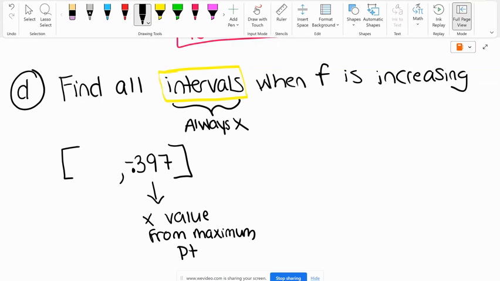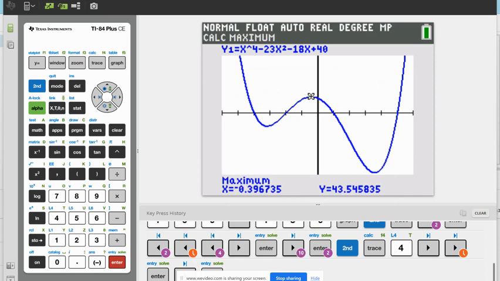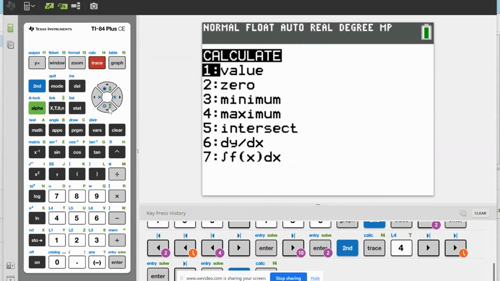Can I go back to the graph? So what did I find? I found this x value, but don't I still need to find this x value because this is the interval it's increasing at? So how do I find that x value? I'm going to go back to second trace, minimum.